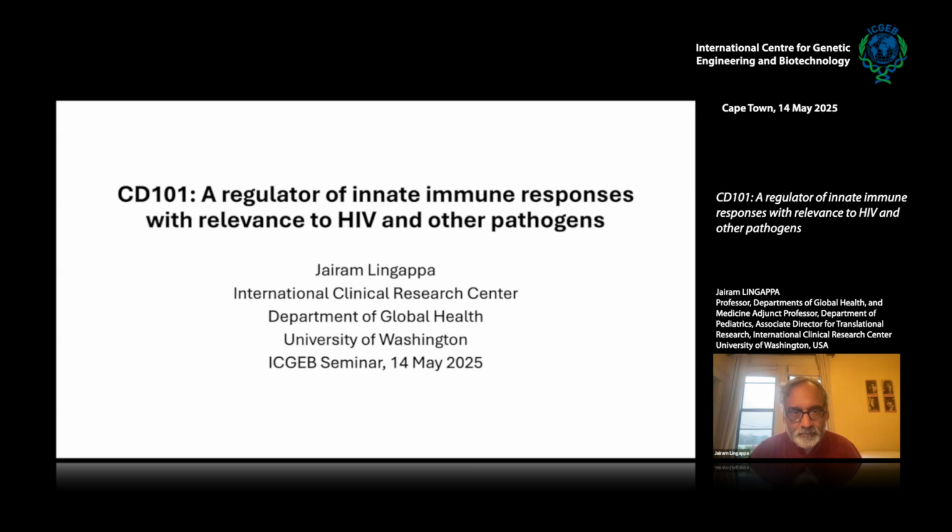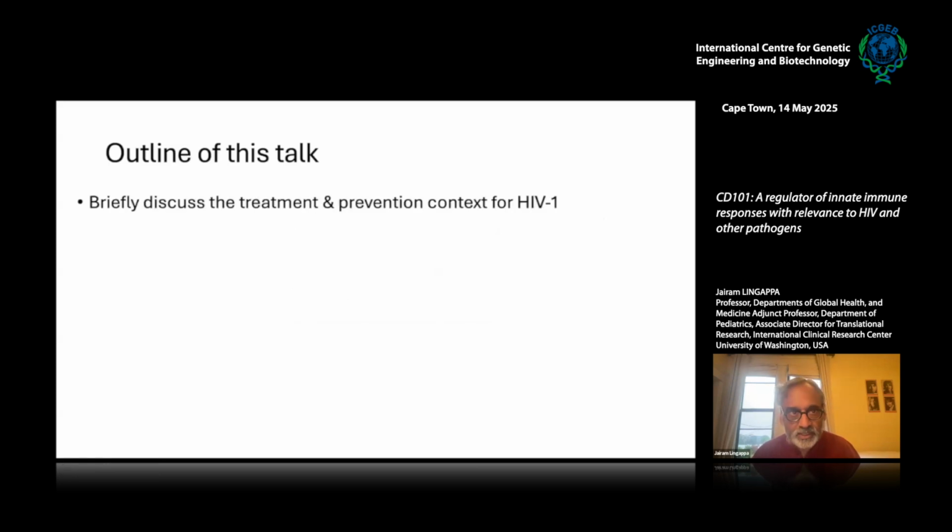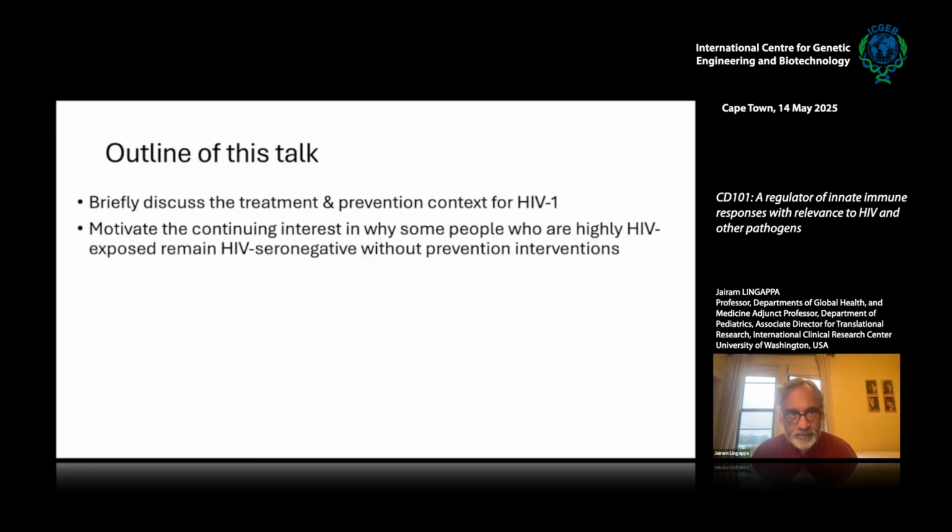So the outline of this talk: I'm going to start first with a brief discussion about the treatment and prevention context of HIV-1, and why that status of treatment and prevention motivates us to continue to have an interest in why some people who are highly HIV exposed remain HIV seronegative without prevention interventions.